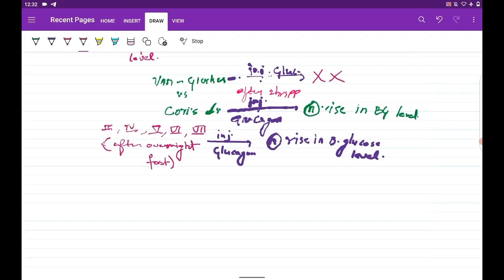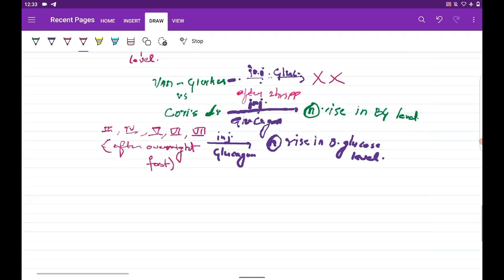So to summarize, in all the glycogen storage disorders except von Gierke's and Cori's disease, after an overnight fast, if we give injection glucagon, there will be a normal rise in blood glucose level. But in von Gierke's and Cori's disease, after an overnight fast, there will not be a normal rise.